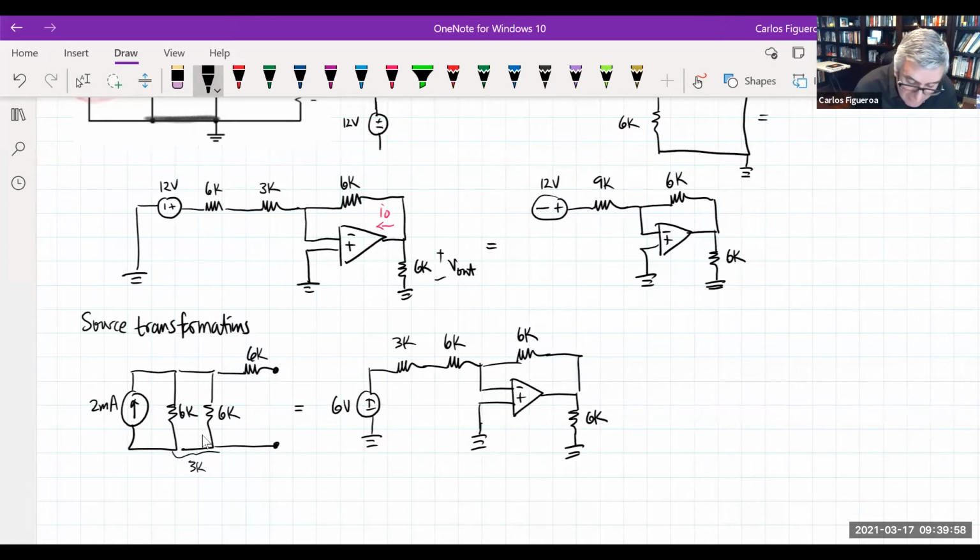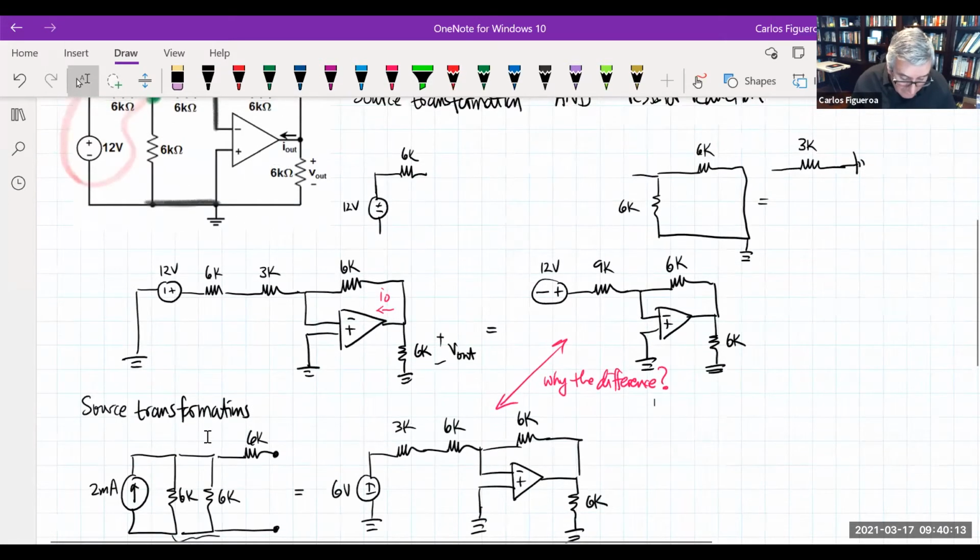So this circuit and this circuit are not matching up. So obviously I have something silly going on here. Oh God.